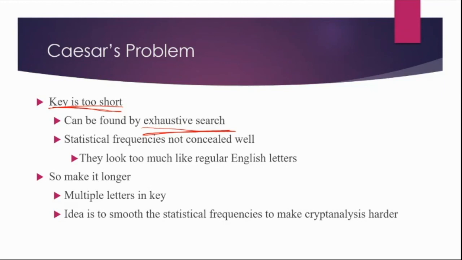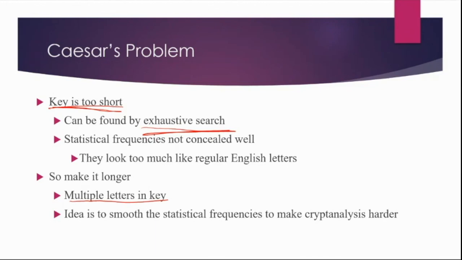So the idea is that if you want to make it stronger, you have to make the key longer. It should not be a one letter key sort of thing. So people come up with other cipher algorithms based on multiple letters. Let's put multiple letters in the key instead of a single letter.